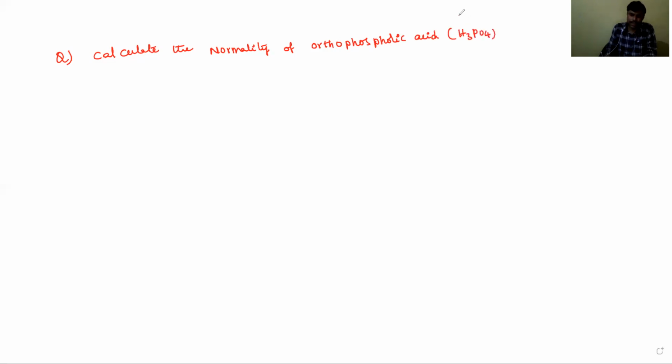Calculate the normality of orthophosphoric acid having 70% by weight, and the density of the solution is 1.54 grams per ml. So this kind of solution's normality we need to find out.